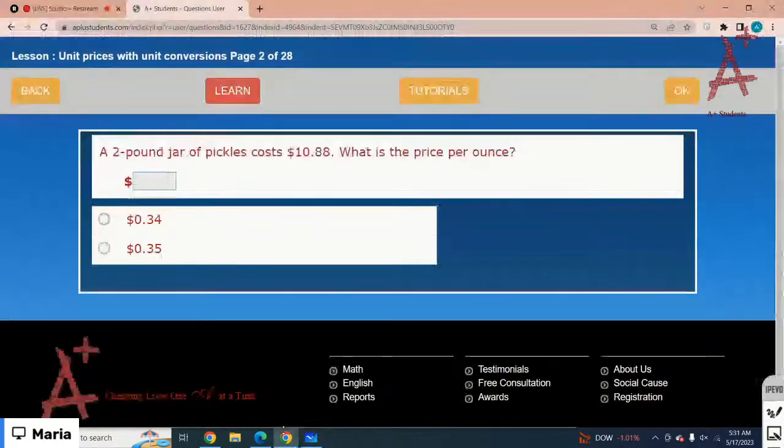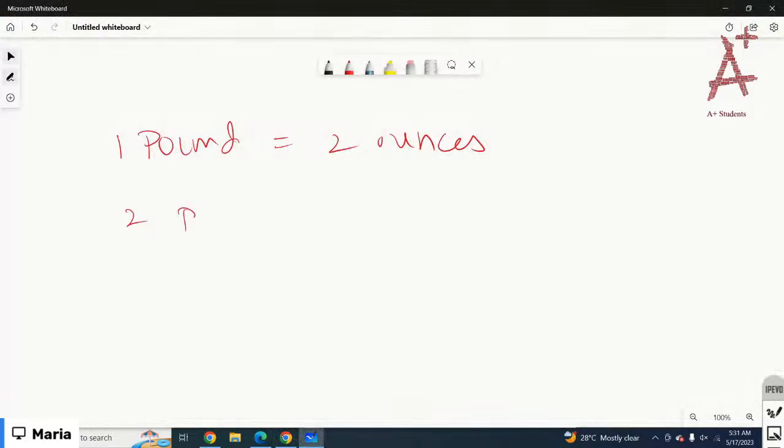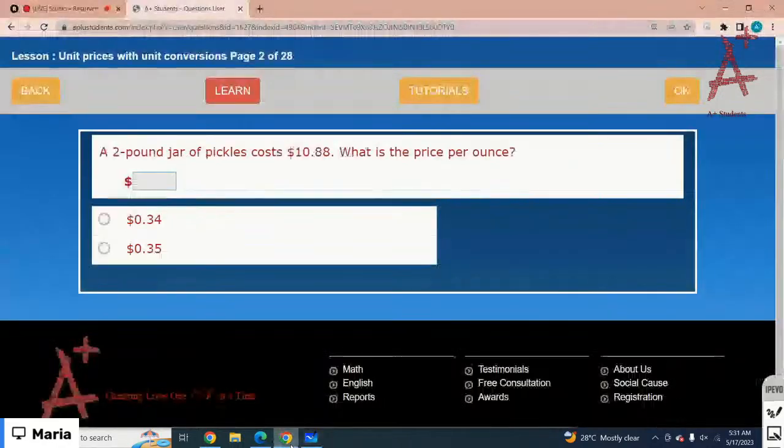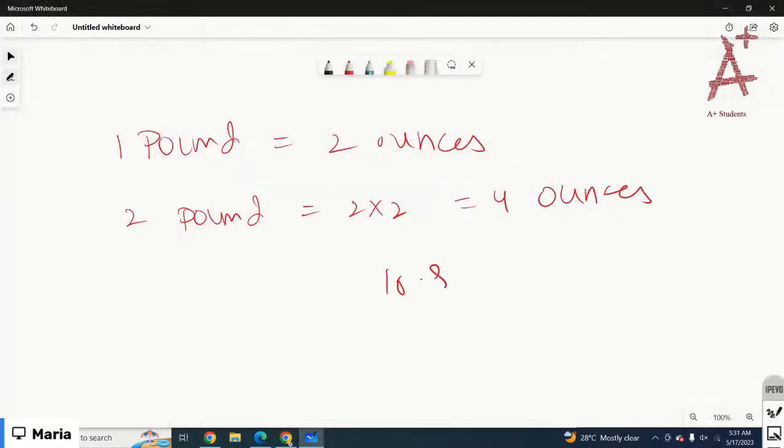You have 2 pounds, so 2 times 2 means you have 4 ounces. Just divide 10.88 by 4. That would be 2.72.